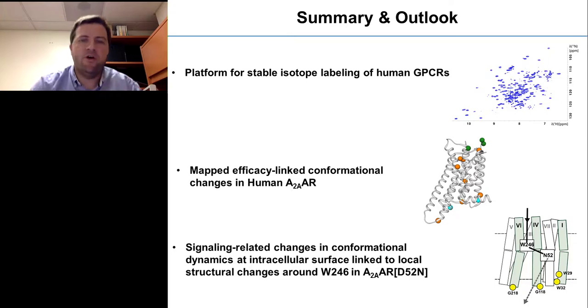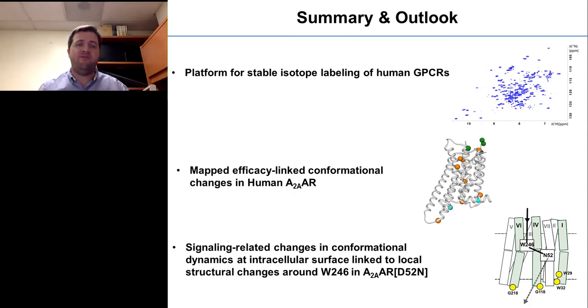So in summary, we've established a platform for stable isotope labeling of human GPCRs, and we've used it to look at one key problem, but many more additional questions could be addressed with this technique.